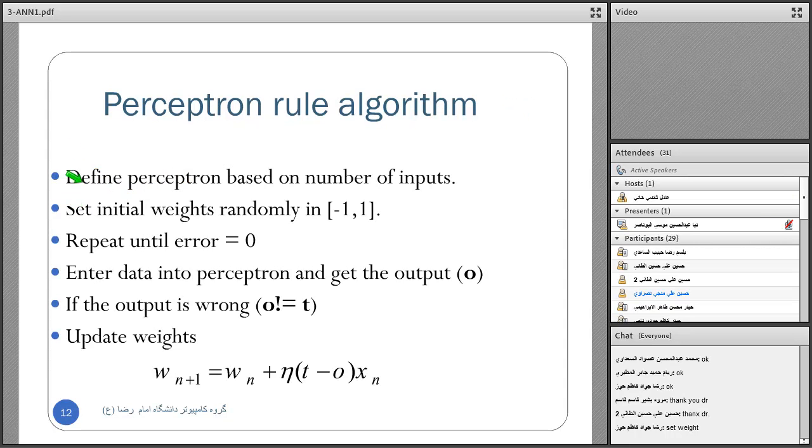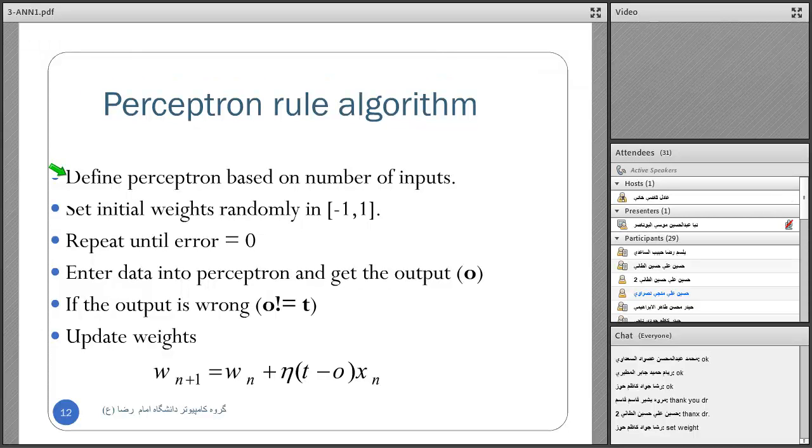This is the algorithm of the perceptron rule. In this algorithm, the first step says: define a perceptron based on the number of inputs.